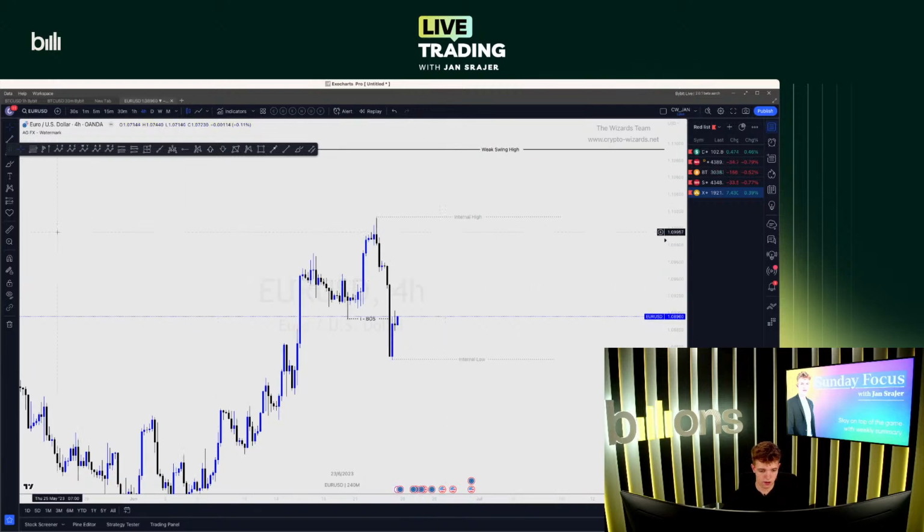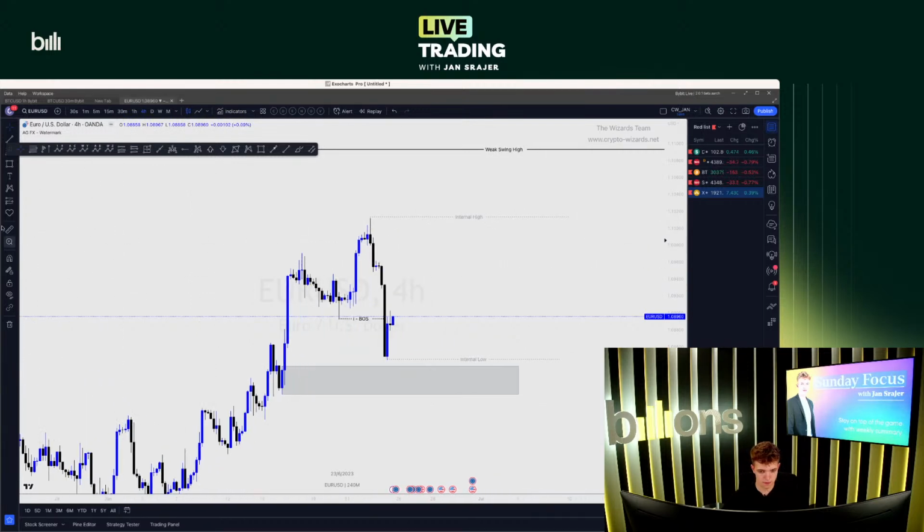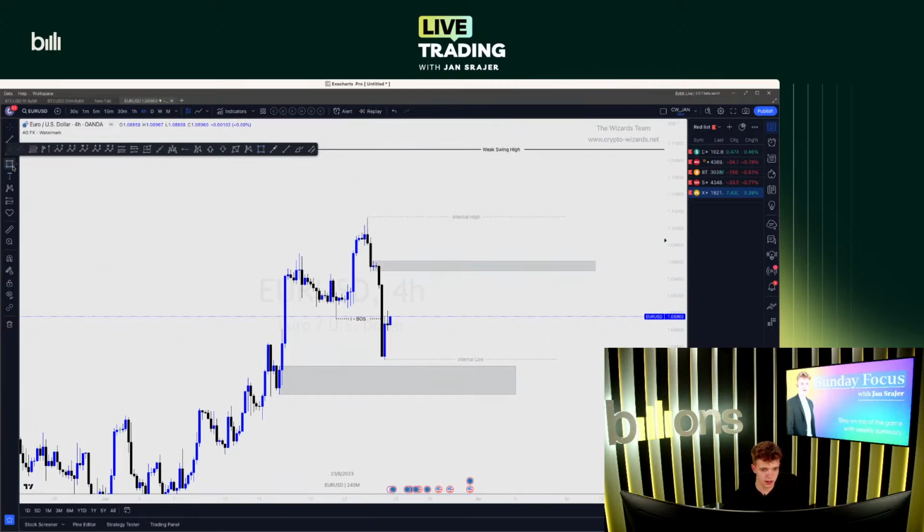Internal low right here. This was the supply and demand that is unmitigated. That's perfect. This is the zone that started the move down, creating the IBOS, and basically this one also, something like this.